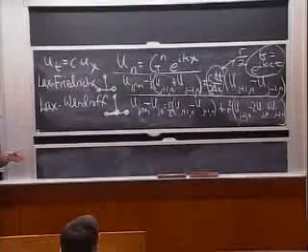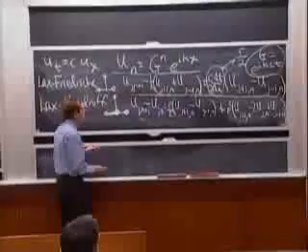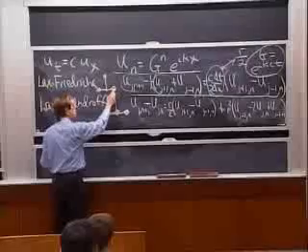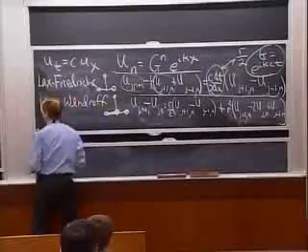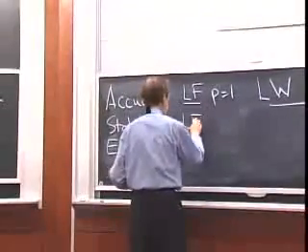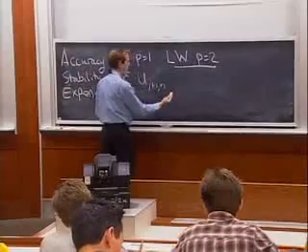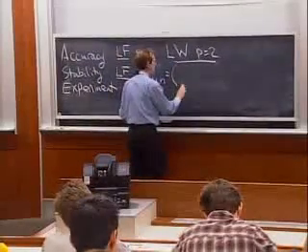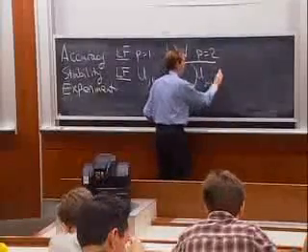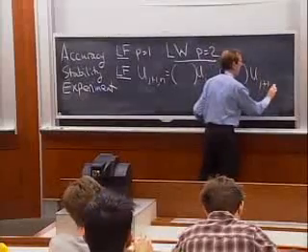But stability now is back with us and easy to check, because now each new value depends on just these two old values, and with what coefficients. So let me just check stability for Lax-Friedrichs. So u j plus 1 at n, the new value, is some multiple of this one on the left, and some multiple of this one on the right.